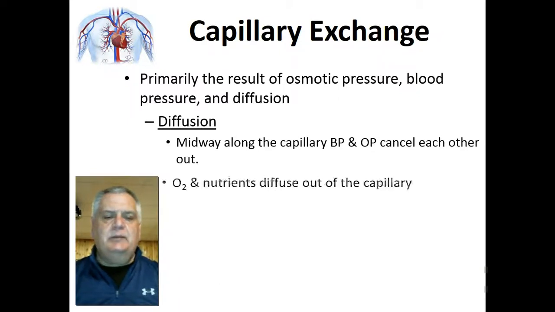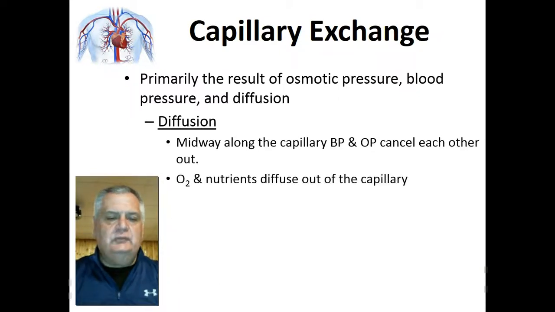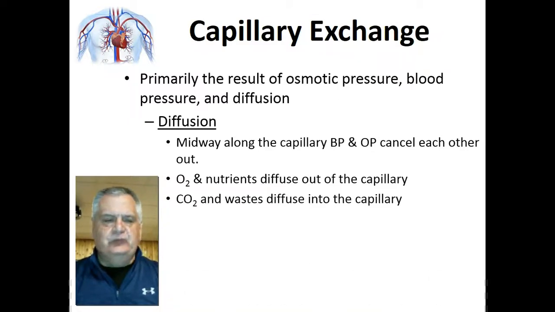And once that happens, that's going to allow oxygen, carbon dioxide, and other nutrients to diffuse out of the capillary beds and into the interstitial fluid. There's nothing to impede their flow. So oxygen and nutrients, excuse me, are going to diffuse out of the capillary beds, and carbon dioxide and waste products are going to be able to diffuse into the capillary beds.